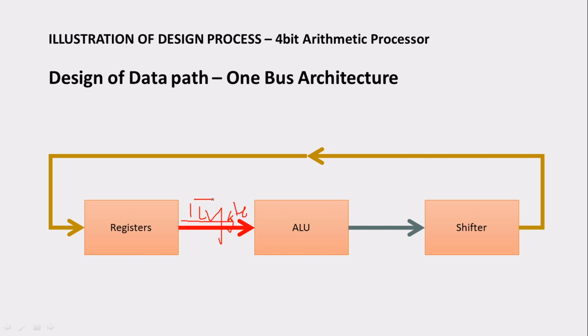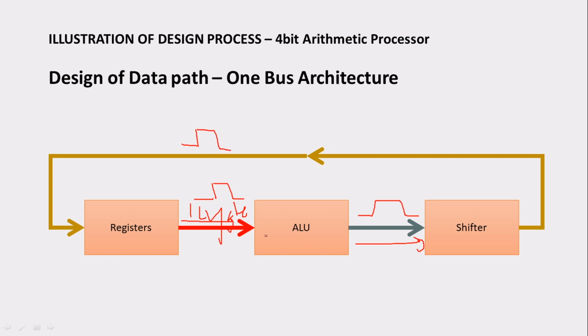So here one clock cycle is required. ALU might be operating, and then for shifting data from ALU to shifter, another clock cycle is required to move data from here to here. Again from shifter to the register, our memory location, there is a requirement of one more clock cycle.